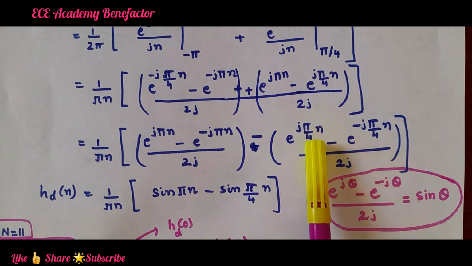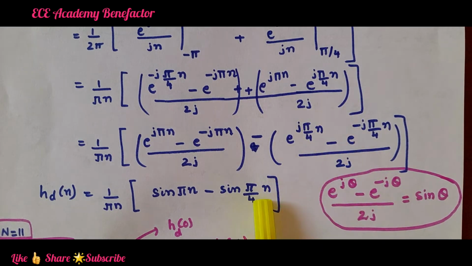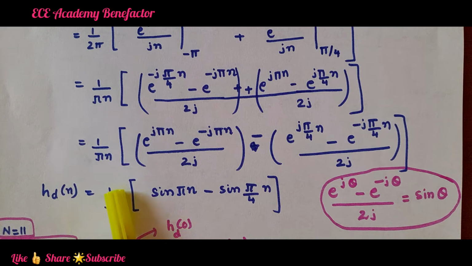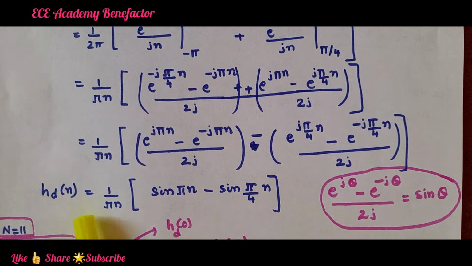For the second term, theta is pi by 4 of n, so it is written as sin of pi by 4 of n. So, hd of n is coming to be 1 by pi n times sin pi n minus sin pi by 4 of n. So, we have computed hd of n.